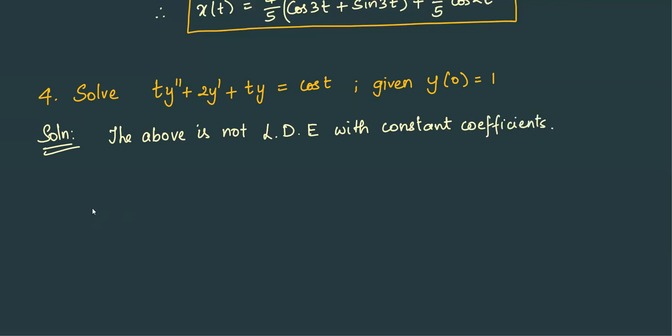So it is a linear differential equation without constant coefficients. So we have method of variation of parameters, method of undetermined coefficients, and so on.